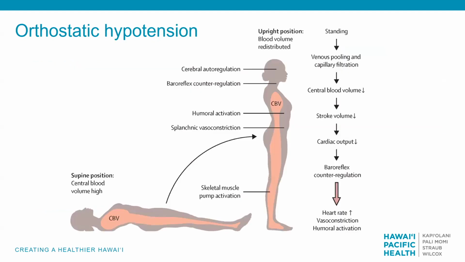then they pass out. So here's the mechanism of that, and you can see the orange part inside the body shows you where the blood pools. So in supine position, it pools in the central area, in the chest, in the heart. And so even in a hypovolemic patient, they have normal cerebral perfusion. Actually, this is the reason why you put somebody in Trendelenburg in order to prevent syncope.